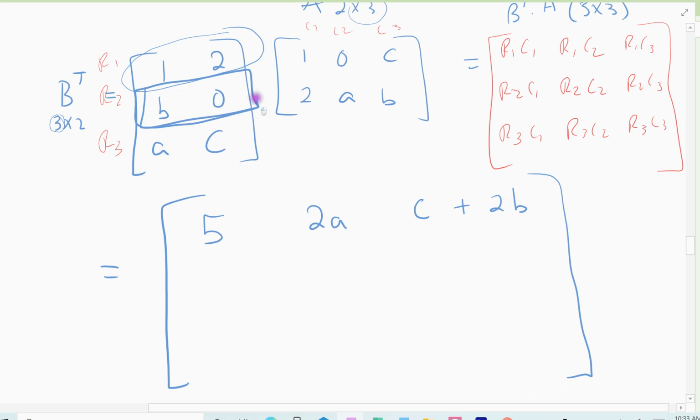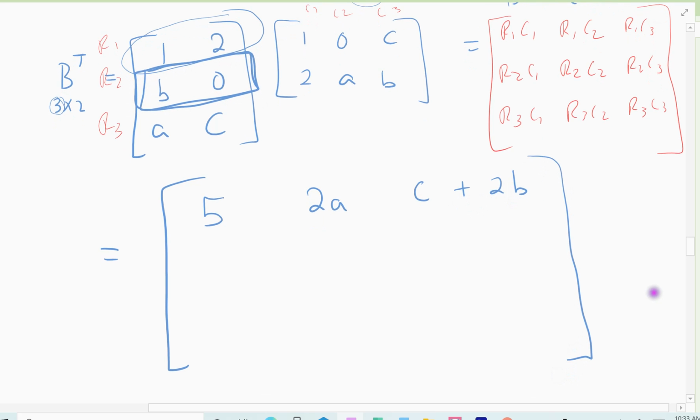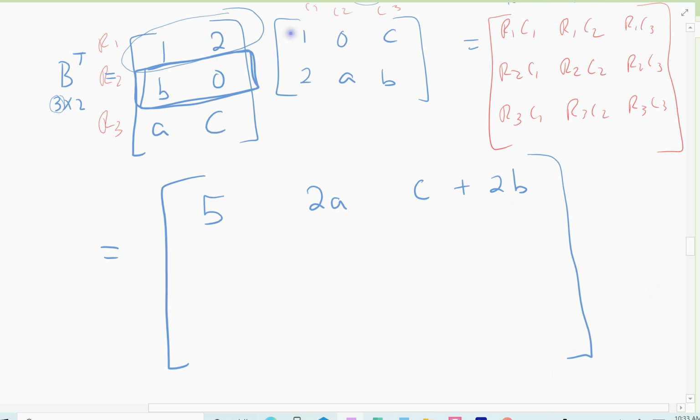Now I move on to row 2. So row 2 is b times 1, which is b, plus 0, so I'm just going to write b. B times 0 is 0, plus 0 times a, so that's just 0. B times c, so bc, and 0 plus 0, so that's just bc. Alright, now I'm done with that.